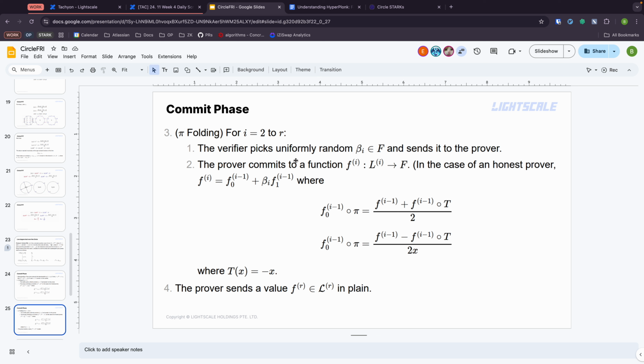From step 2 to r, we also get a random beta, and then the Fi is constructed like this as well, but the function is a bit different. Here it's not the X projection, but the square projection. And T is just minus X, so this is Fx plus F minus X, and this is Fx minus F minus X. Why is it F minus X?